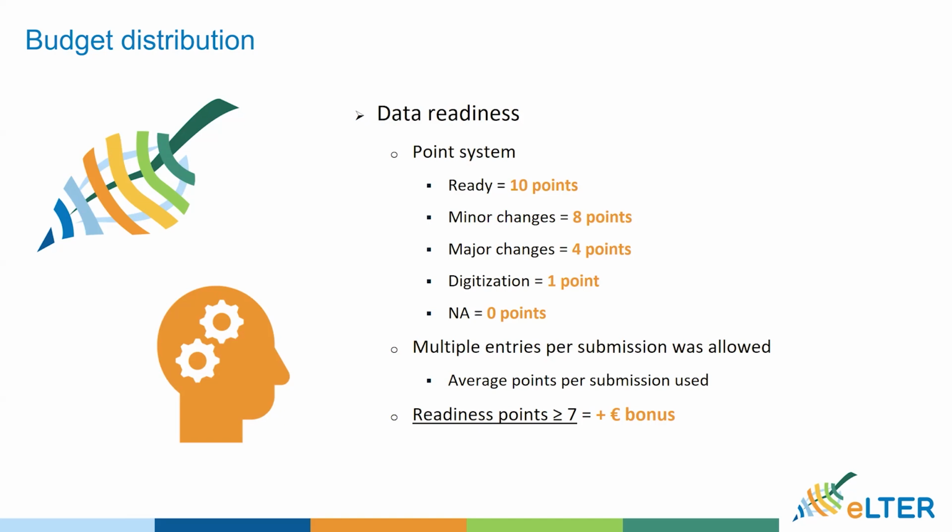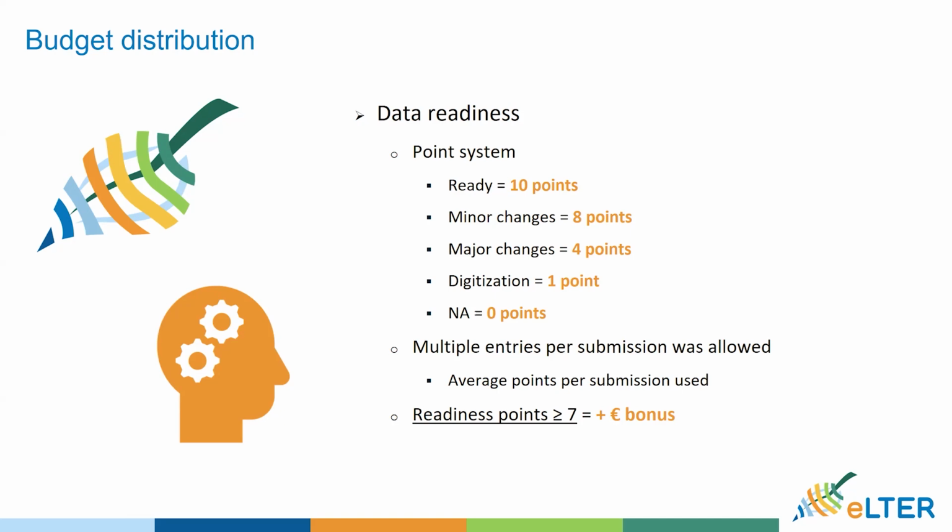Unfortunately, some of the applicants didn't put answers on that, and they get 0 points for those. It was possible to add multiple answers, and for that we did a simple averaging, and then we get these points. Those that have readiness points above or equal to 7 got some bonus from our budget allocation.